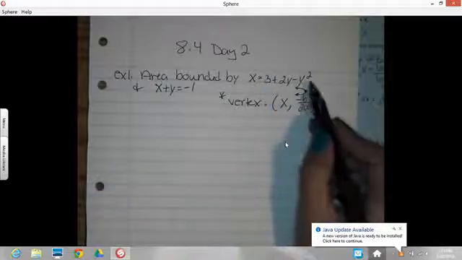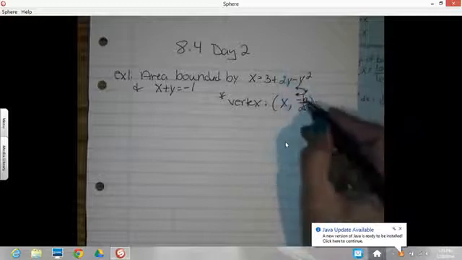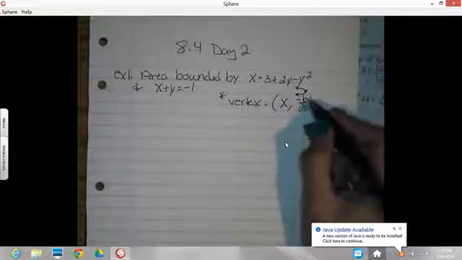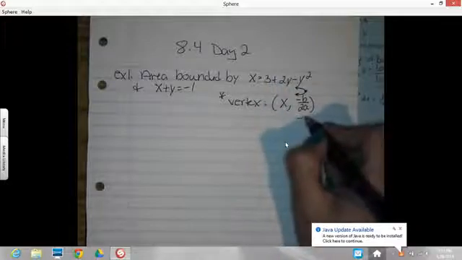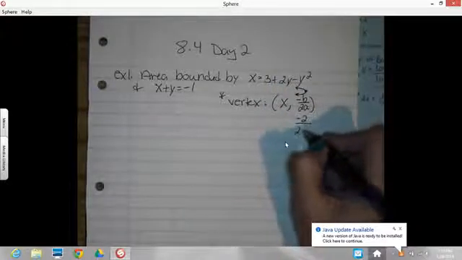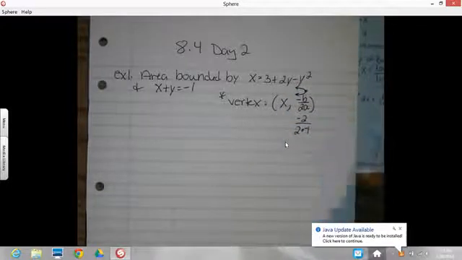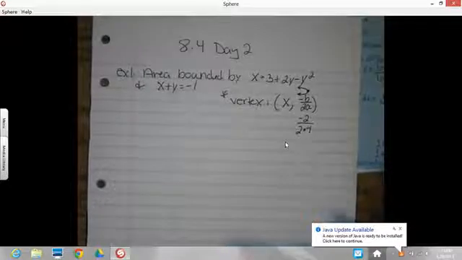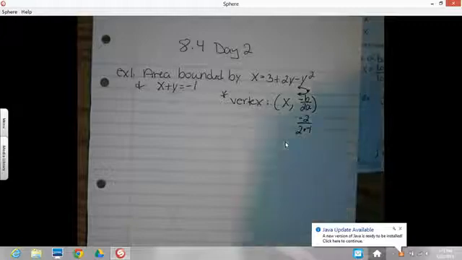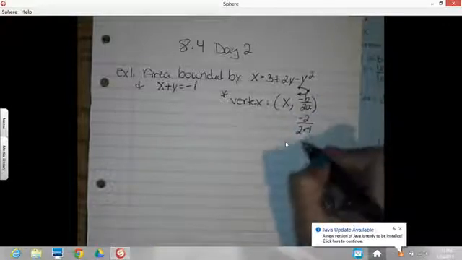So let's figure out what the y is for our vertex by taking the opposite of the b, that would be the opposite of 2, which is -2. Divide by 2 times the a value, which is -1. So then what we've got is -2 divided by -2 for a +1. Then to figure out the x, you just have to put the 1 back in here.